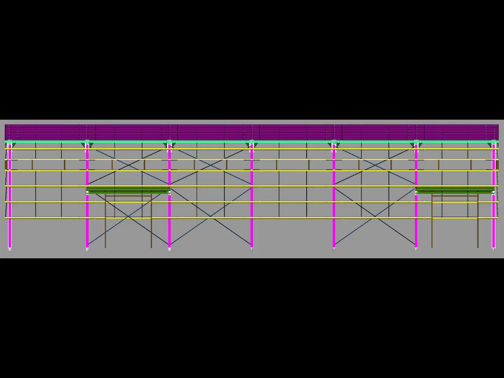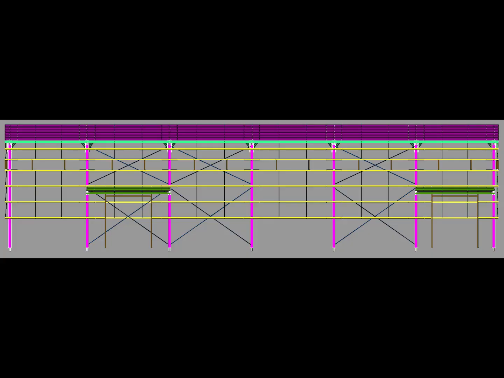Now compare this view with the roof sag rod that we studied in the previous slide. On the roof, we saw the sag rod working between roof purlins. Here, we are looking at the side wall secondary framing system. The overall principle is similar.